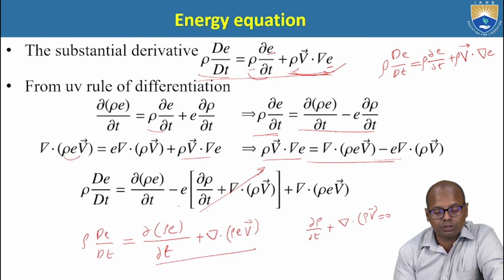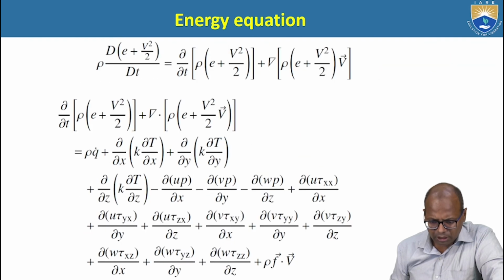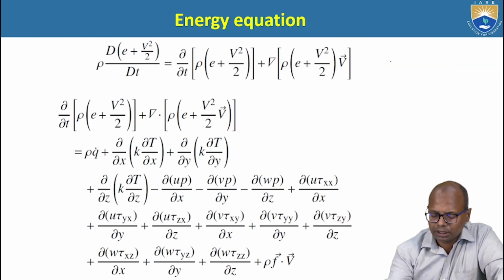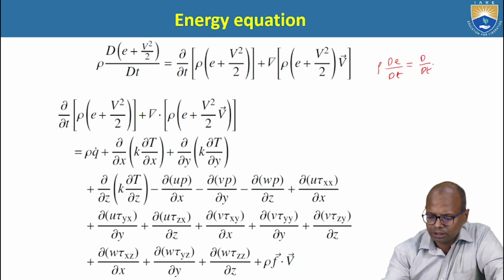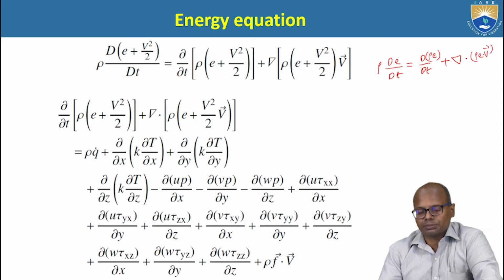So this equation we have to remember. If I take this one there, what we got previously, dE by dt is equal to d by dt of rho E plus del dot rho E V bar. So this is the equation that we got.